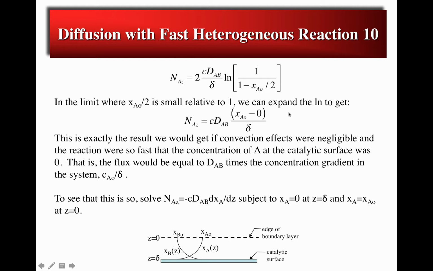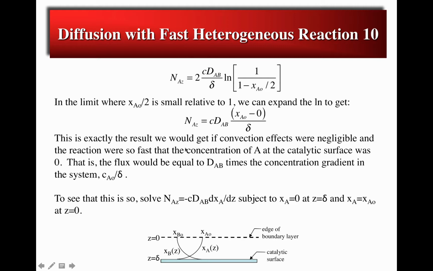This result will show up over and over again in mass transport. It is a primordial result that flux goes according to diffusion coefficients times concentration gradients over the distance over which diffusion occurs. And we'll see this occurring again and again and again.